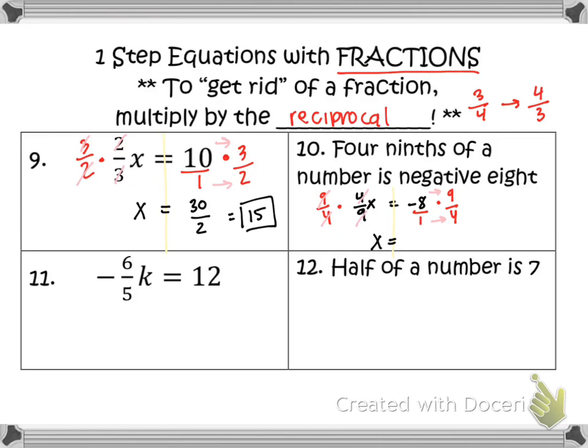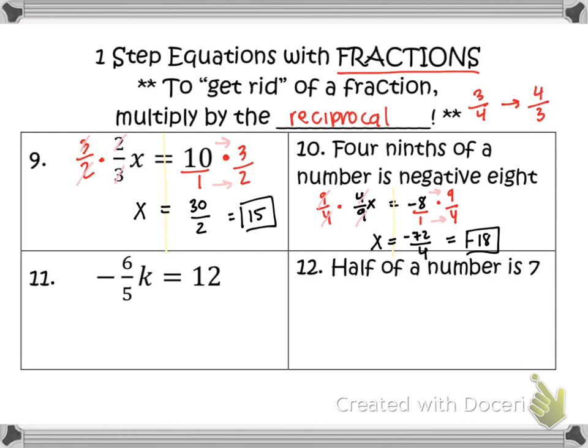That's going to give me -8 times 9, which is -72, and then 1 times 4 on the bottom, that's going to give me 4. Again, I can simplify this some more. If I do -72 divided by 4, that's going to give me -18. Okay, it's 2 more problems.